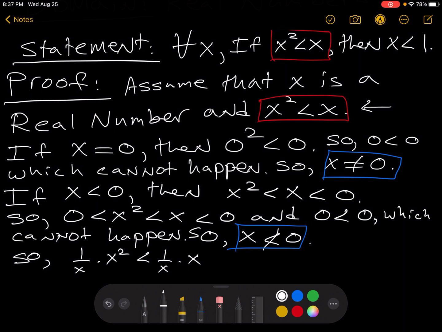We can multiply both sides by 1 over x, because we know we're not dividing by 0. And when we do that, we know we don't have to flip the sign. And that's the proof. We've now proved our conclusion that x is less than 1.